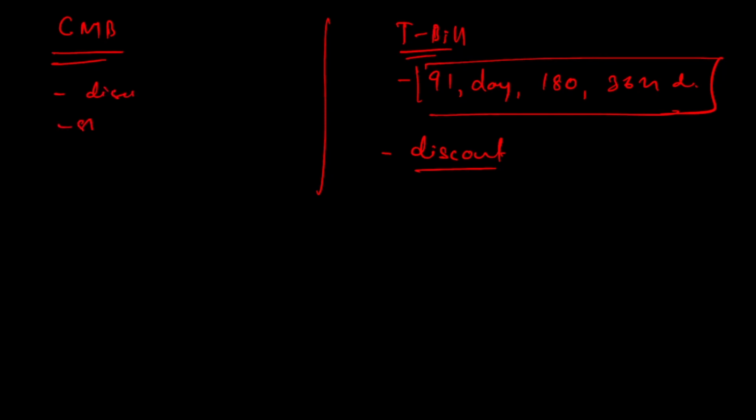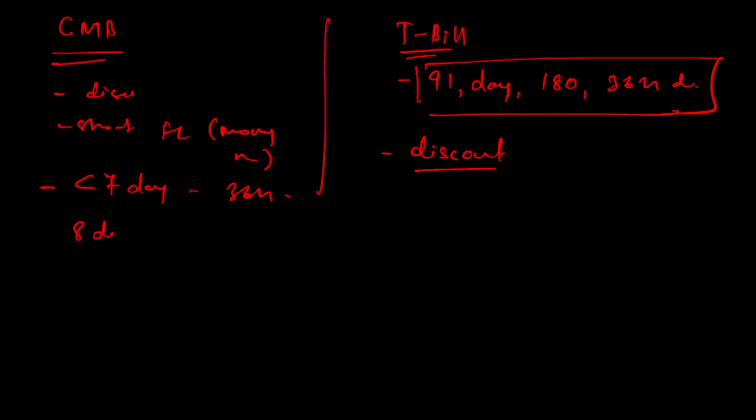These are also short-term financial instruments, money market instruments. But their tenor can be anything between 7 days and 364 days. As we have seen, treasury bills have particular numbers of days: 91 days, 180 days. But a cash management bill can be anything.